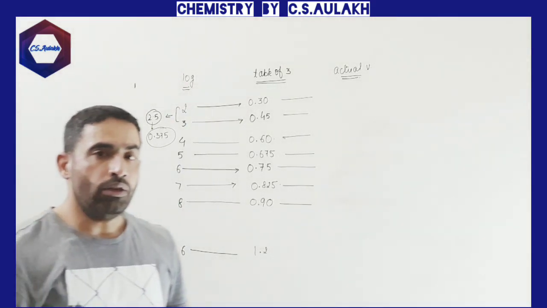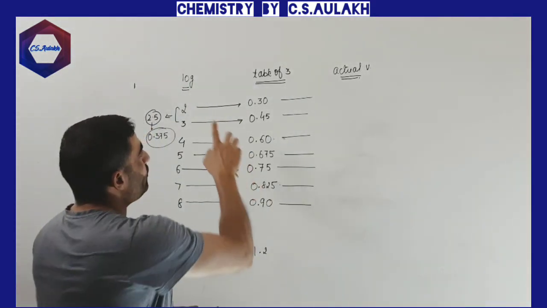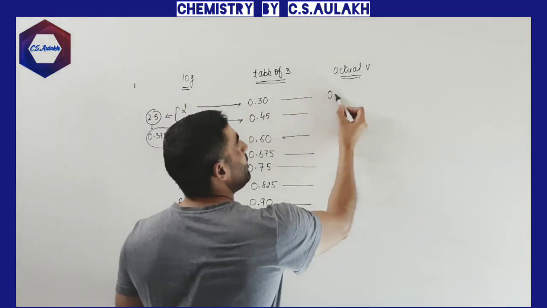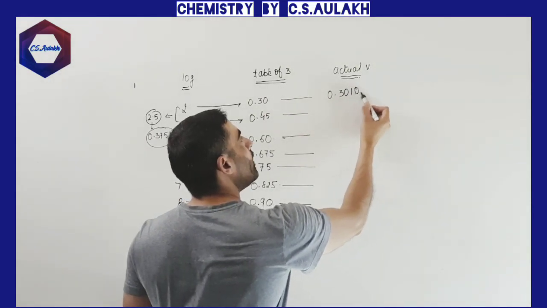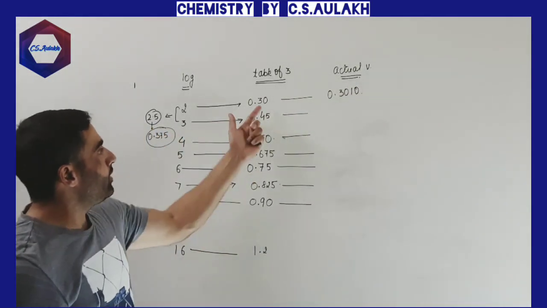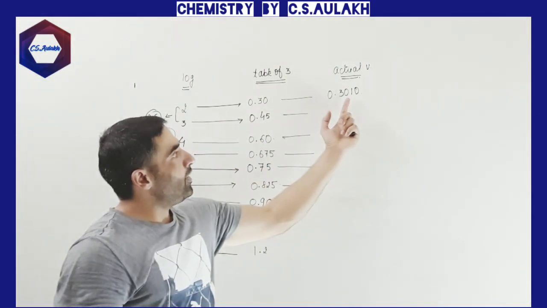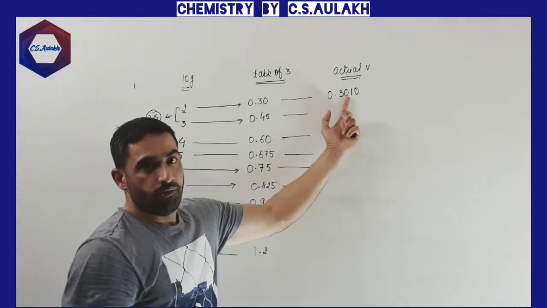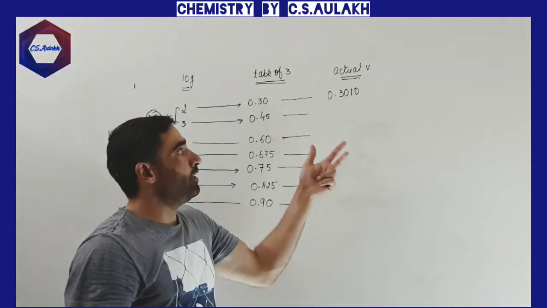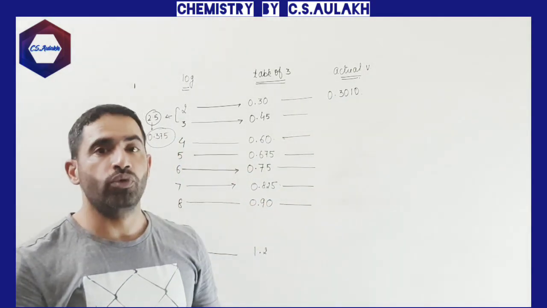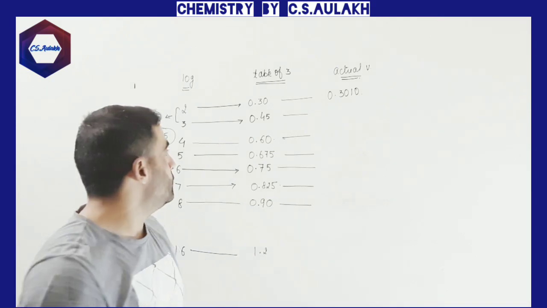In the normal log table, the value of log 2 is 0.3010, while here we have determined its value as 0.30. So what is the difference? It is a difference in the third decimal place, which is negligible, or we can say it doesn't matter while we are using the value of 2 in calculating numerical values.